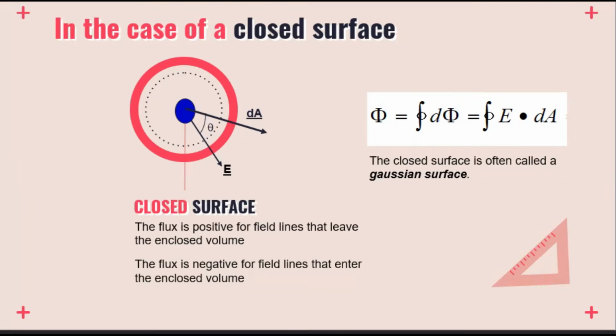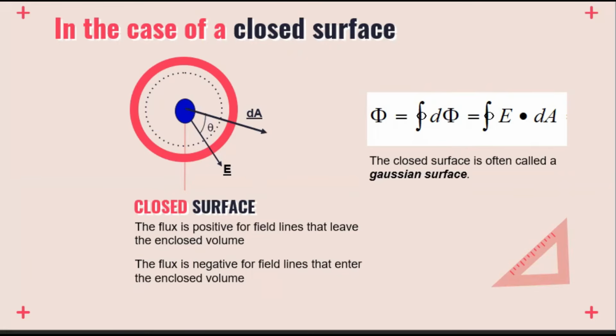On a closed surface, the flux is considered to be positive for field lines that leave the enclosed volume. So, kapag ang field lines po natin, again, same as the open surfaces, is coming from the inside to the outside, our flux density is positive.